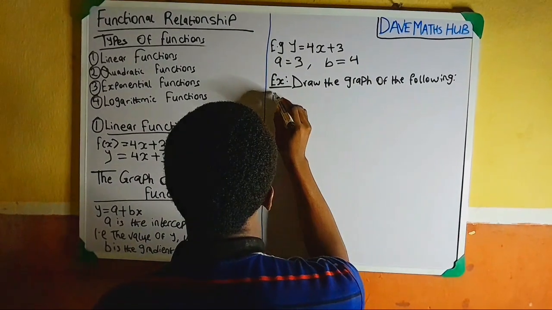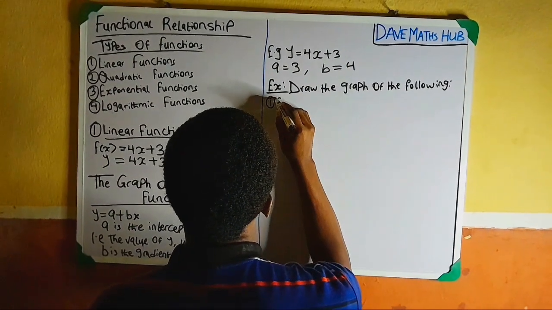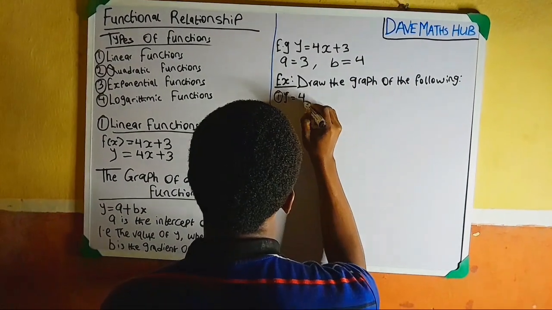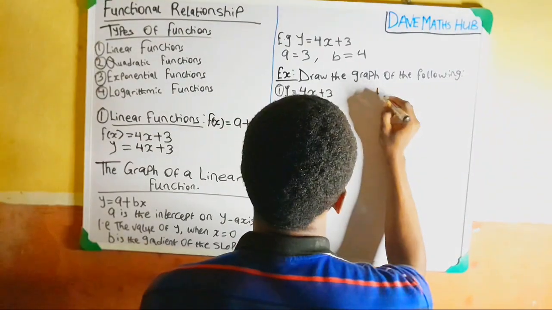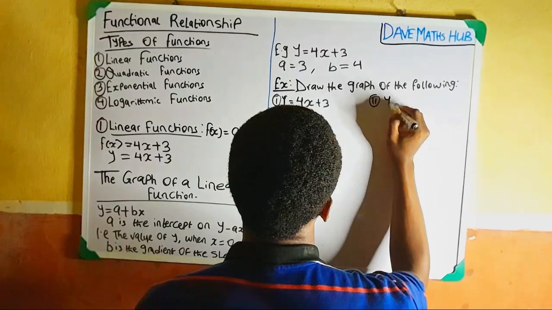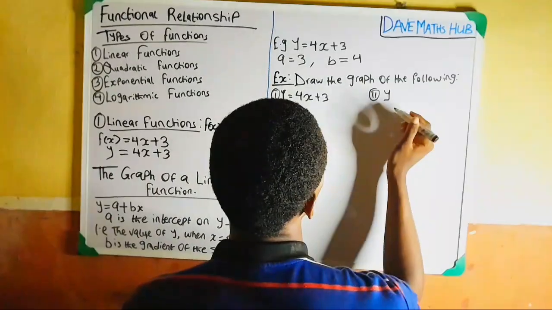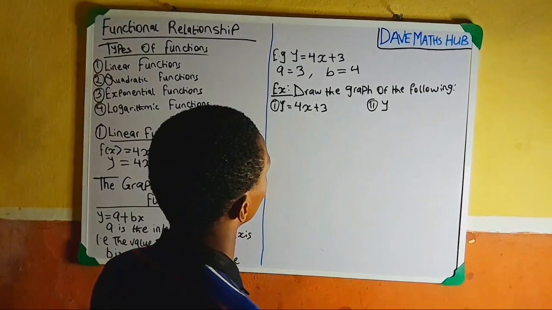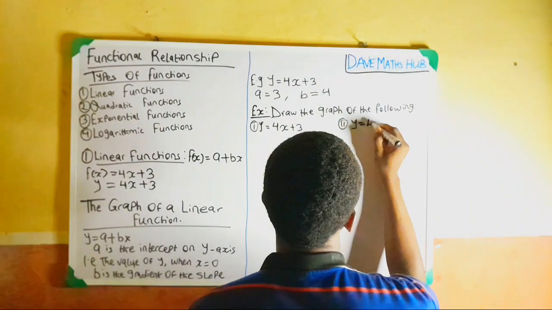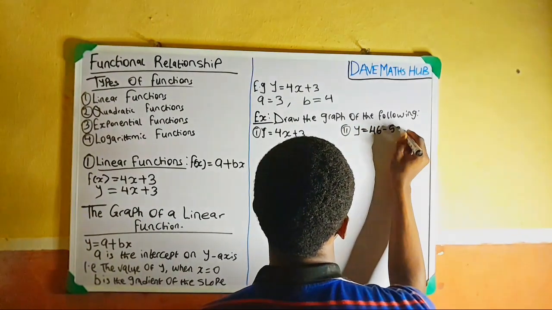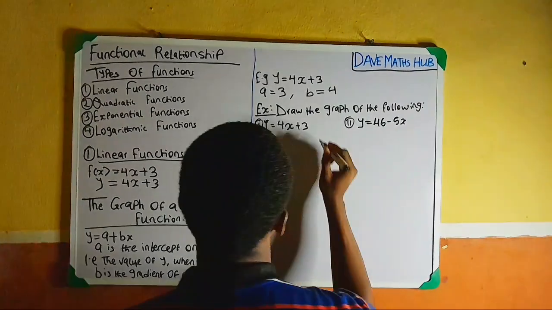Number 1, y equals 4x plus 3, and number 2, y equals 46 minus 5x. So, solution.